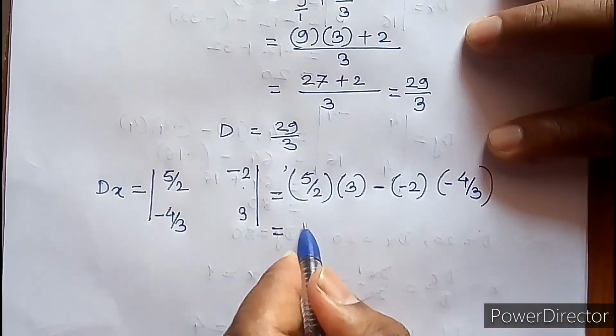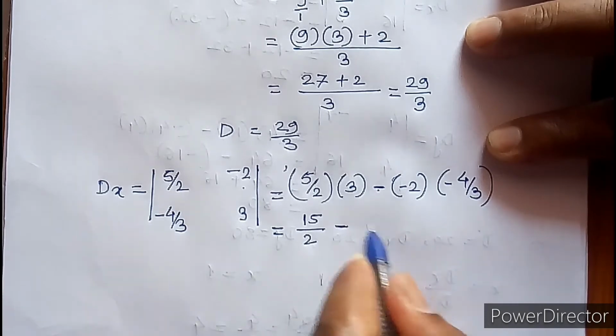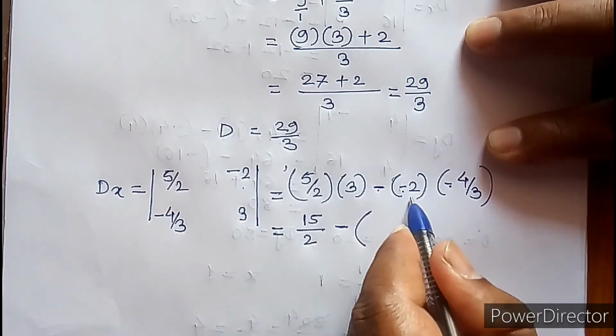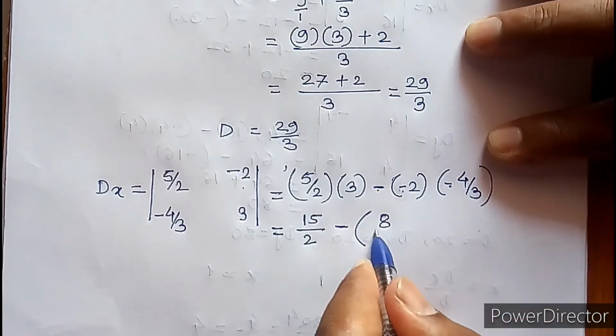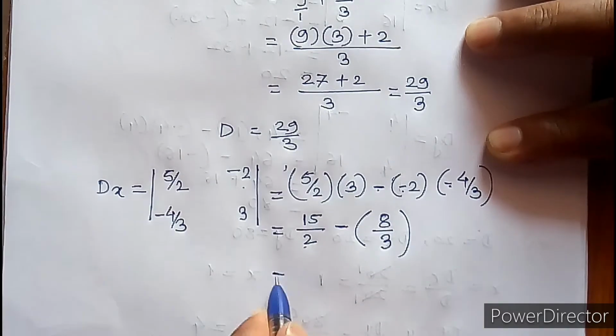Now here 5 into 3, it will be 15 by 2. Now this minus as it is. Now here minus into minus will be plus, means the multiplication of minus 2 and minus 4 by 3 will be 8 divided by 3. Now here denominator is not common.